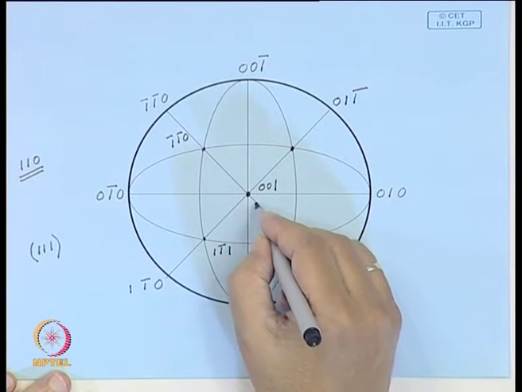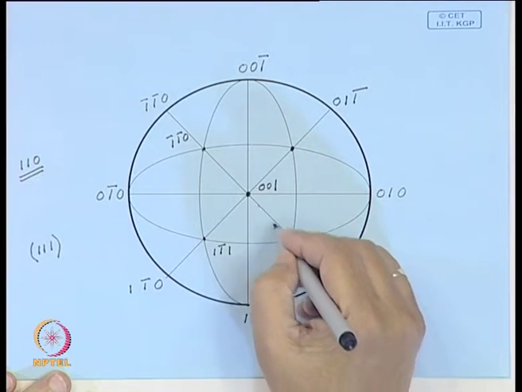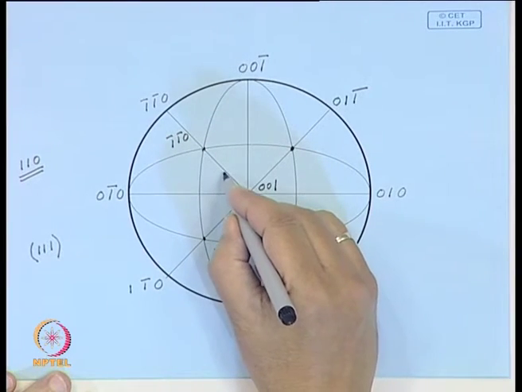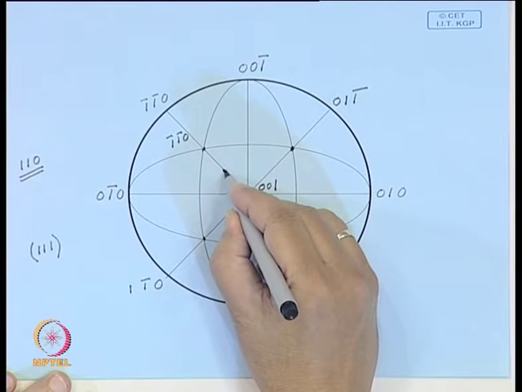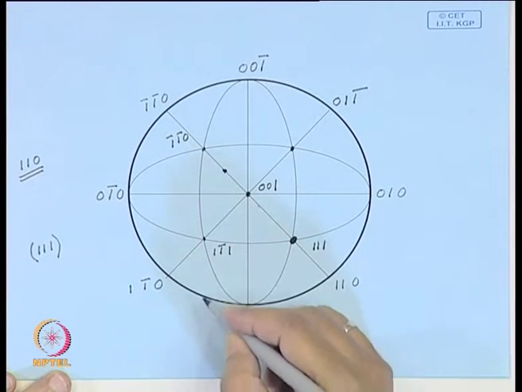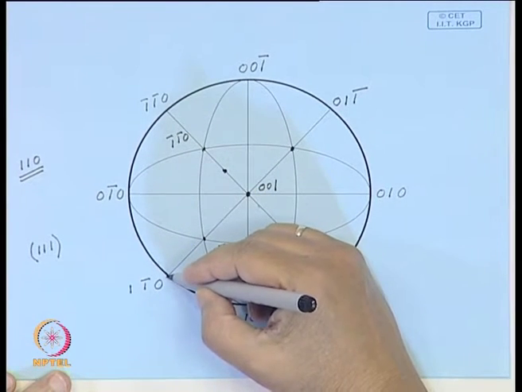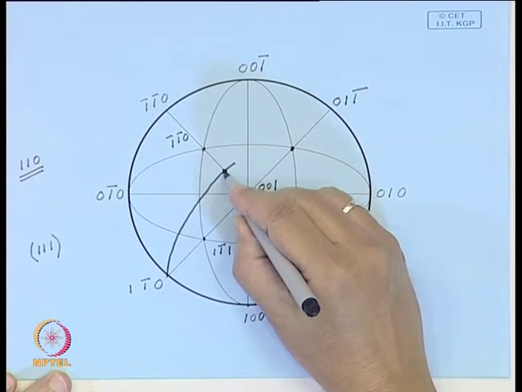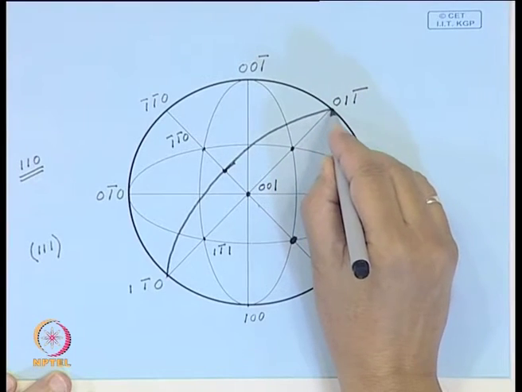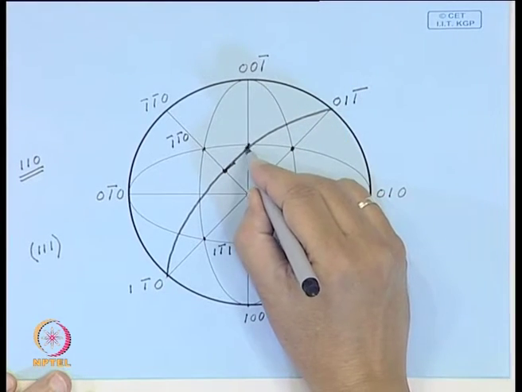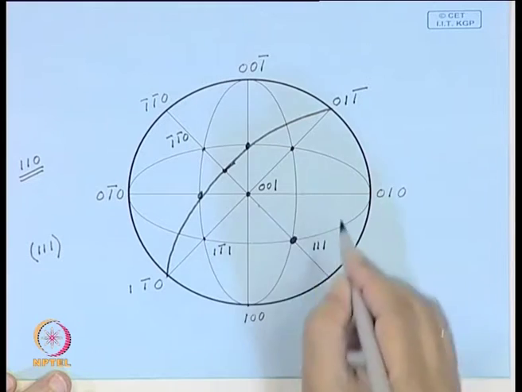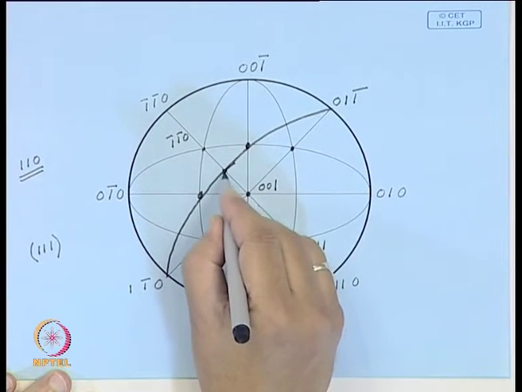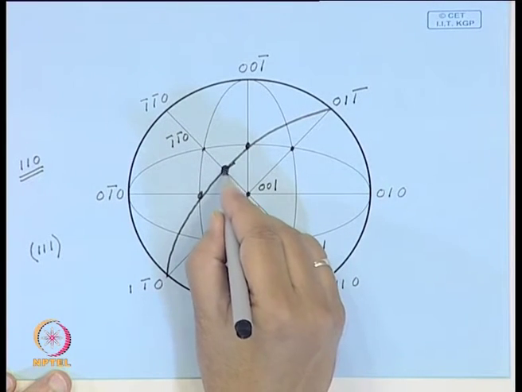So, along this diameter using Wulff net, try to locate a point which is 90 degrees and try to construct a great circle which passes through this point. And then you try and find out what are the indices of this.